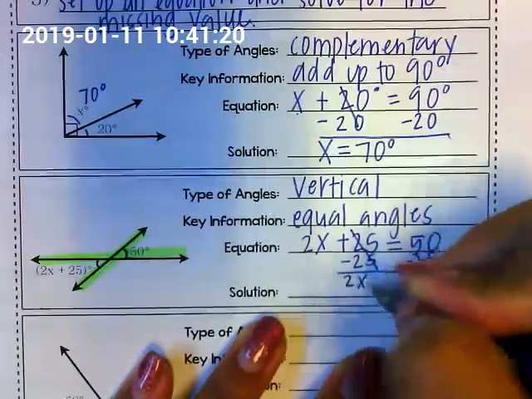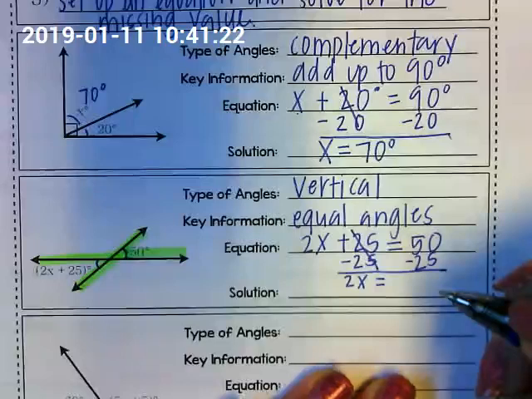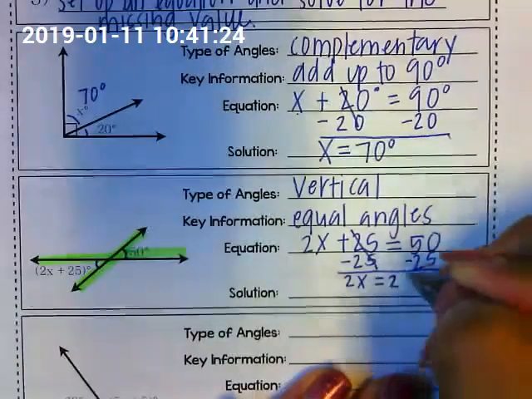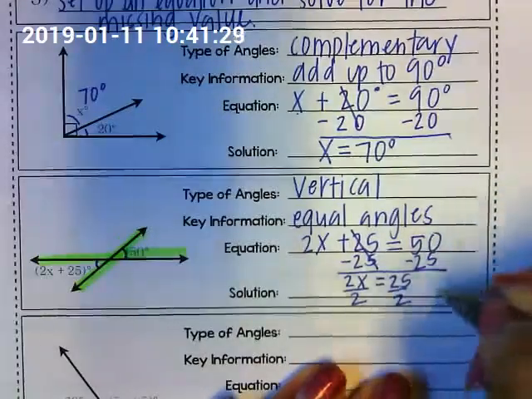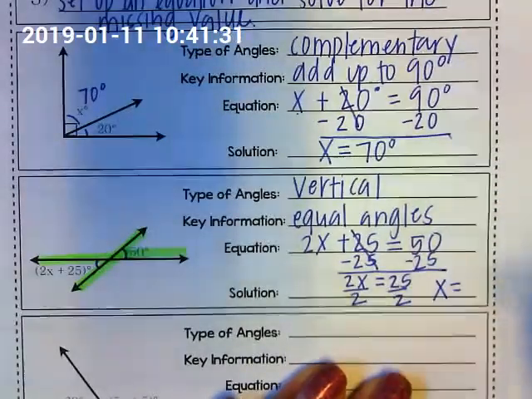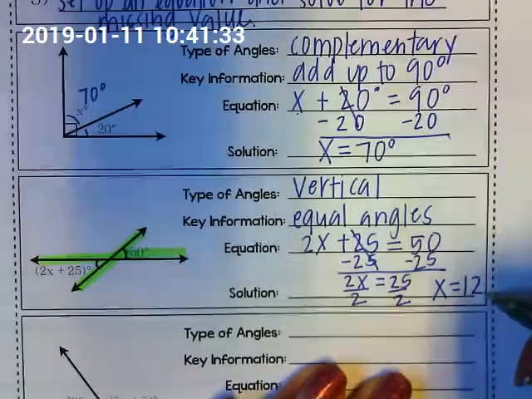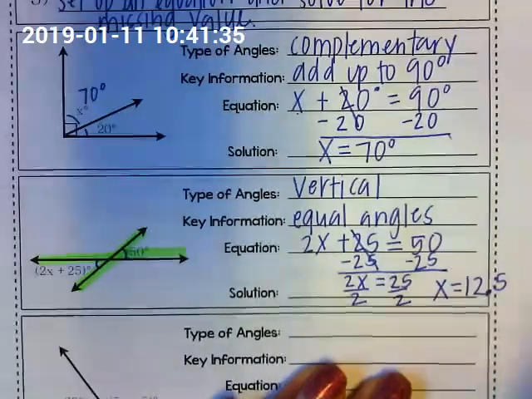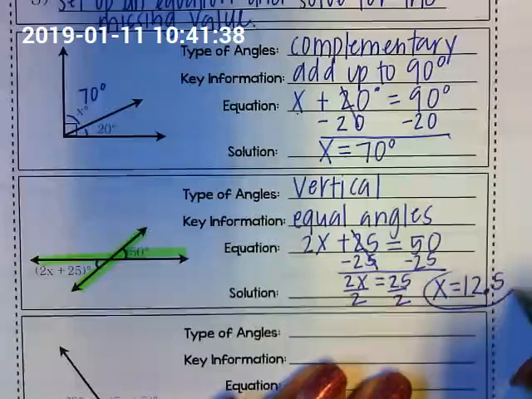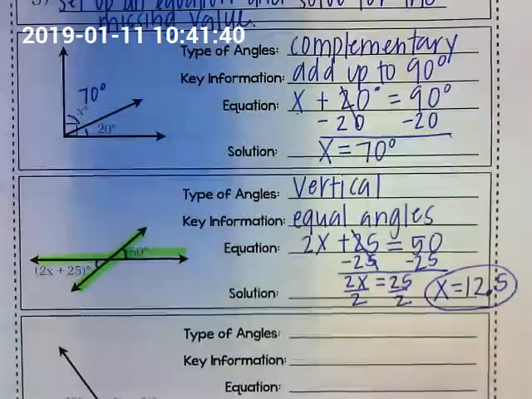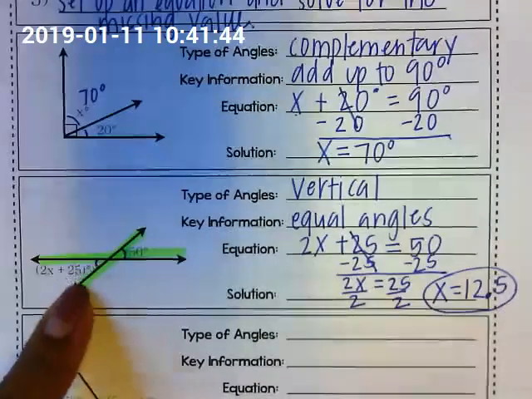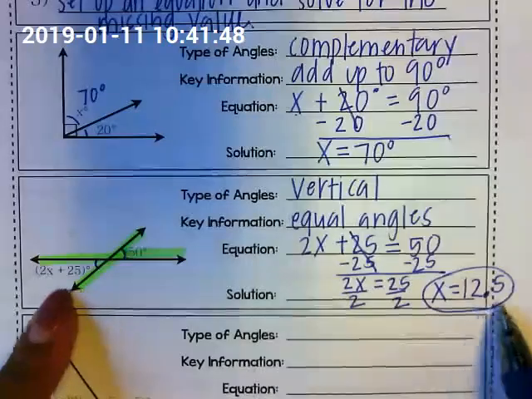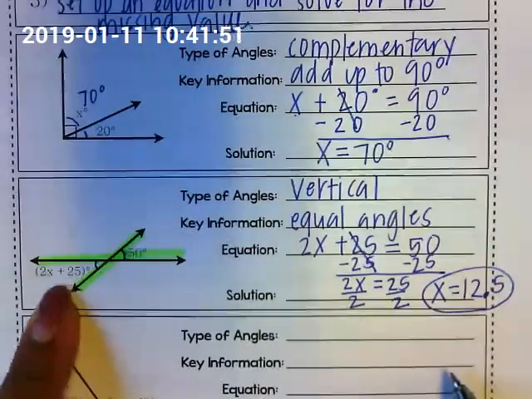And now 2x is equal to 25. Divide by 2 is my next step. And x is equal to 12.5. If they wanted me to know the angle that is unknown, I could write 50 degrees. I could also plug 12.5 into x to make sure I get 25.